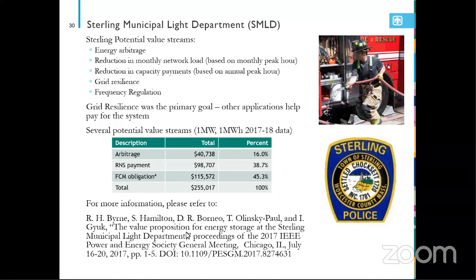If you look at the table, modeling a 1 hour, 1 megawatt system, about 16% of the revenue would come from arbitrage, or about $40,000. Reducing your monthly peaks could save you about $100,000 per year. And then reducing that 1 hourly peak for the forward capacity market would result in about 45% of your total revenue, or $115,000. So it's good that you can have a large savings from reducing that forward capacity market obligation.